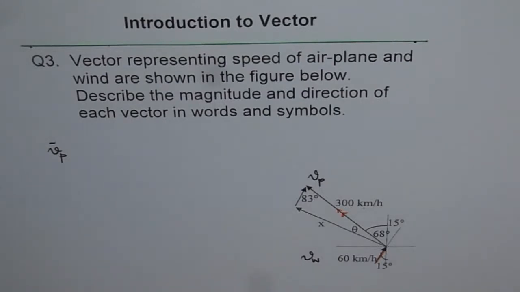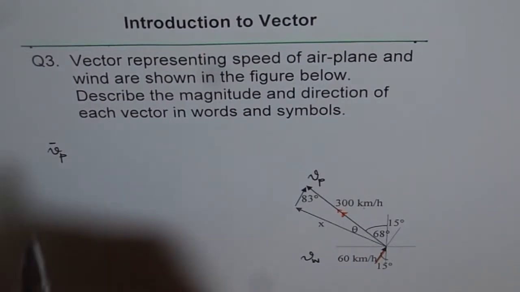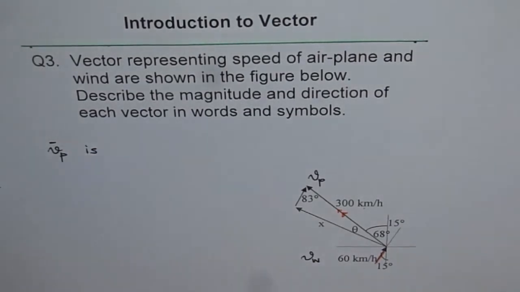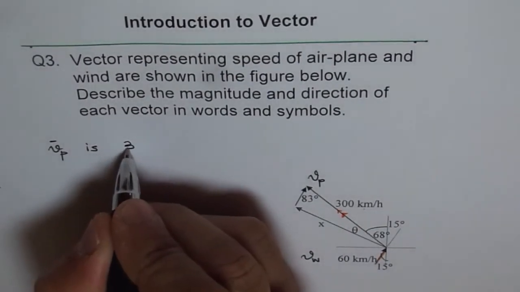We need not always draw an arrow on top; even a simple bar represents a vector. And when we are typing it out, bold letters will represent vectors. So VP is the velocity. We say vector VP is, in words, 300 kilometers per hour.